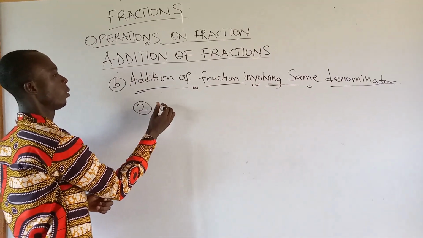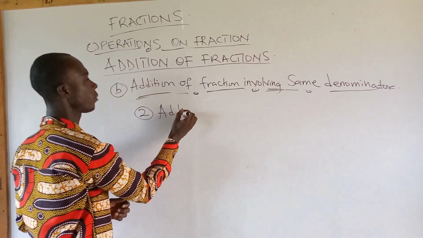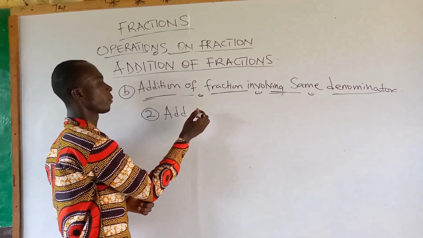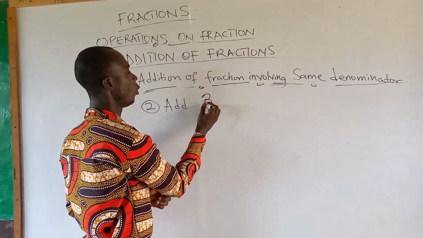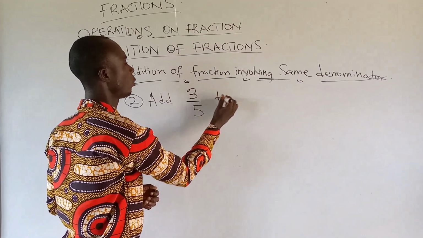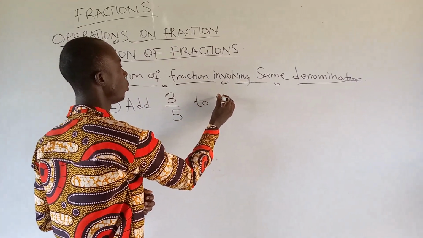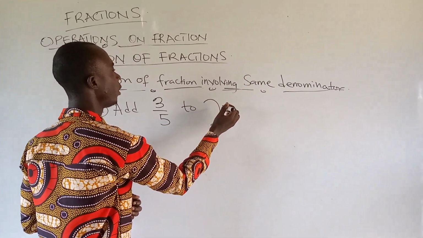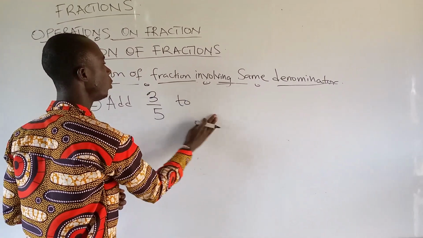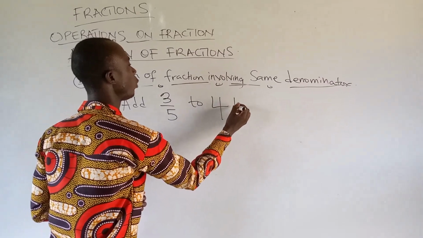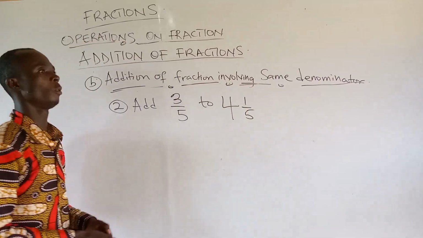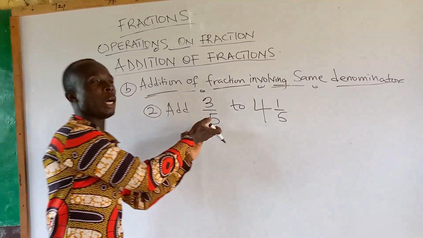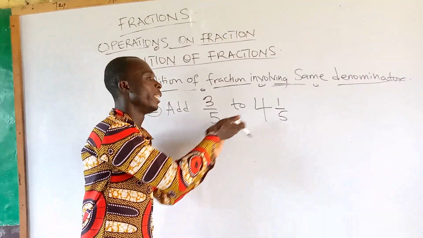2. Add 3/5 to 2 whole number, 4 whole number, 1/5. You see, this time I have given you a proper fraction and a mixed fraction.